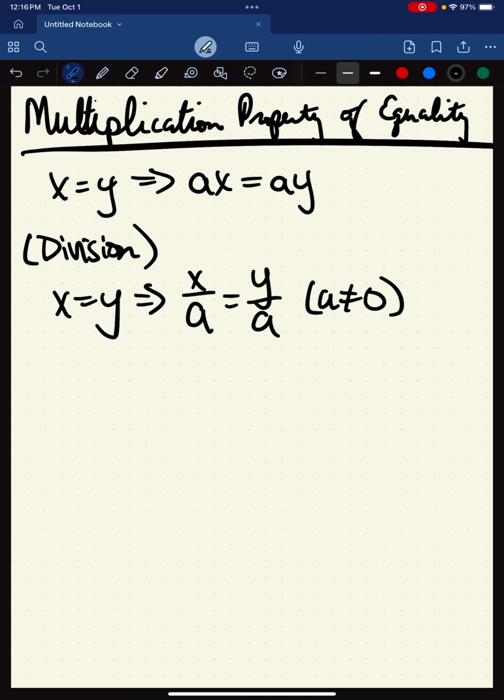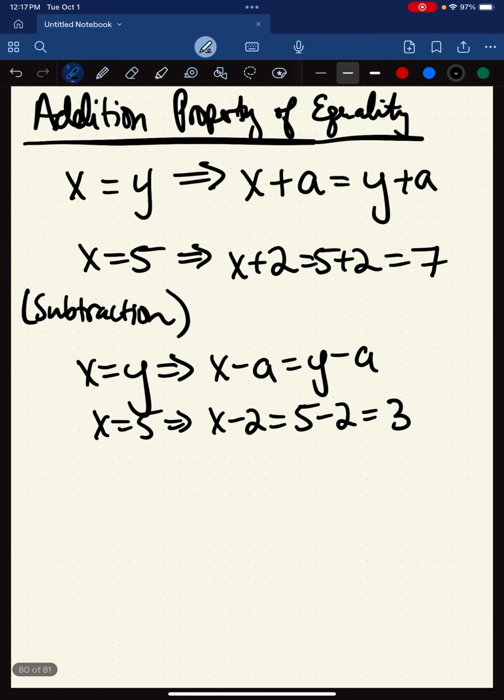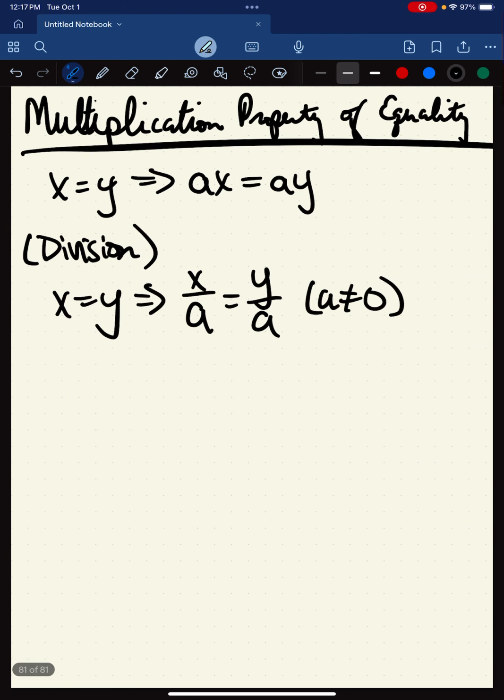So these are the two properties, but really four properties, but really it's just two properties of the real numbers. As far as the properties of equalities, we have the addition property of equality, which also covers subtraction, and we have the multiplication property of equality, which also covers division. Now, using these, maybe I should use some examples for multiplication.